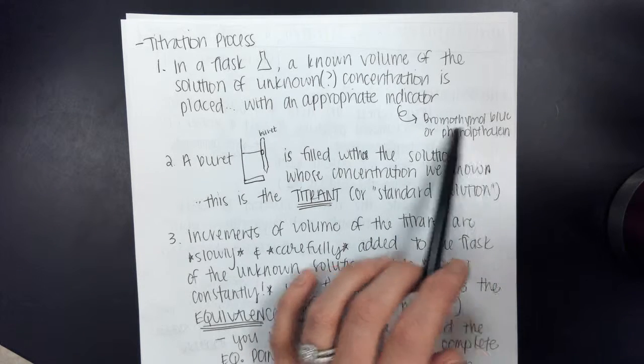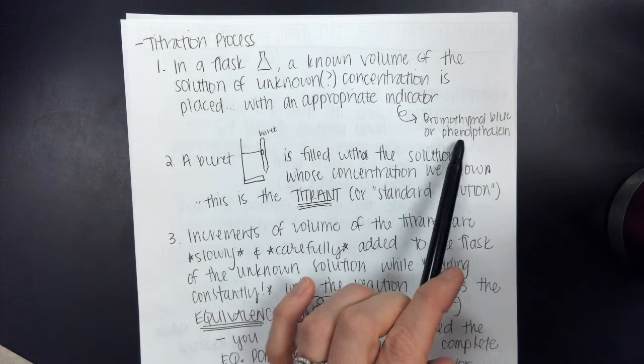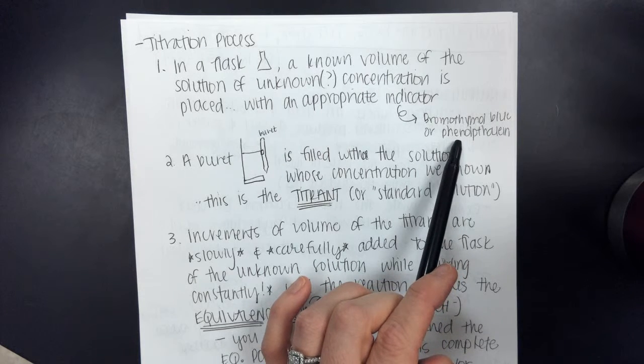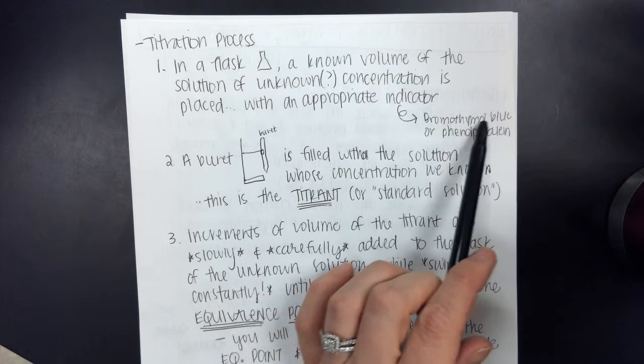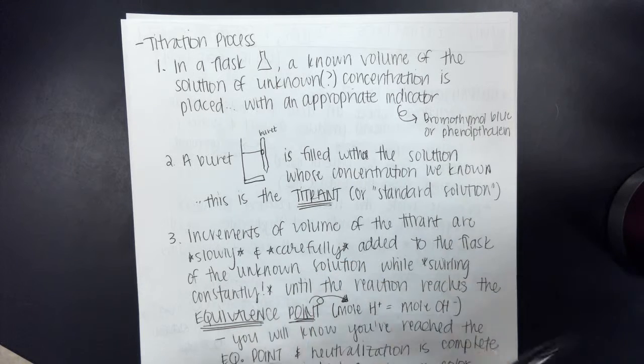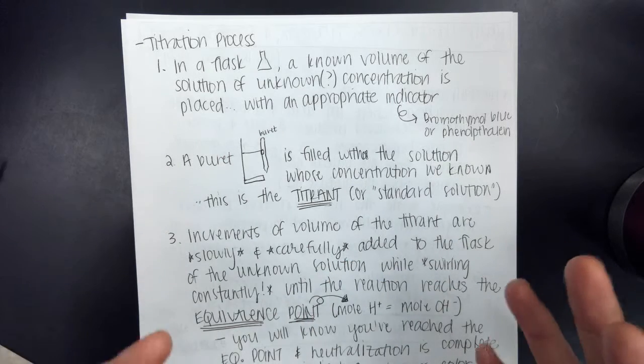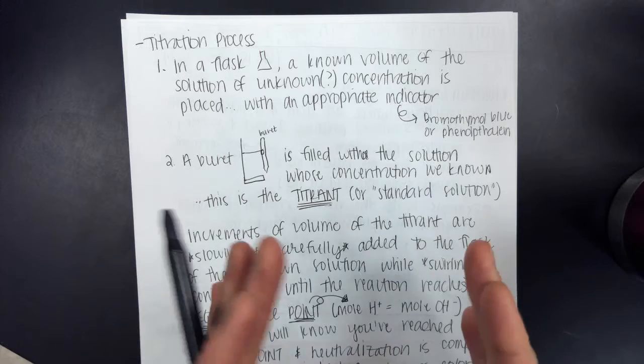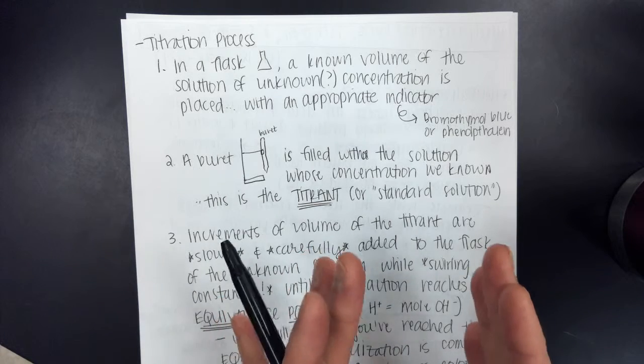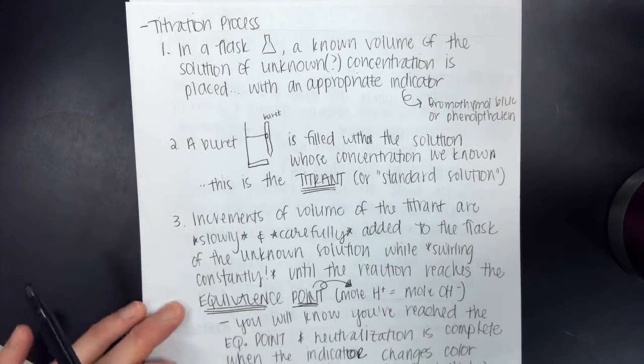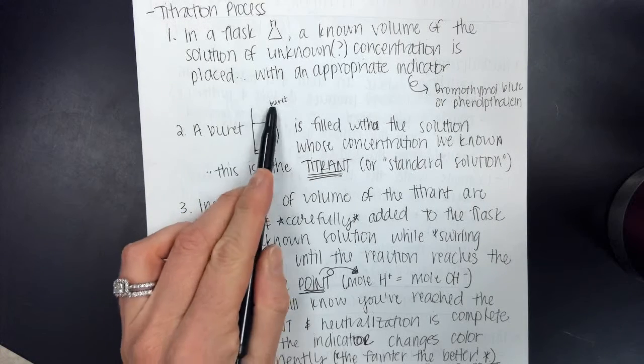Okay, we did phenolphthalein in our indicator lab, and you saw that it turns pink in a base, and I can tell you that bromothymol blue has a range of colors between blue and I believe yellow, and green is your neutral color. Okay, so then you're going to have a ring stand set up with a burette.